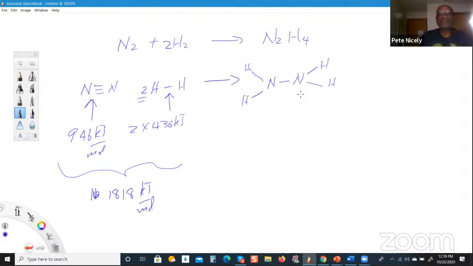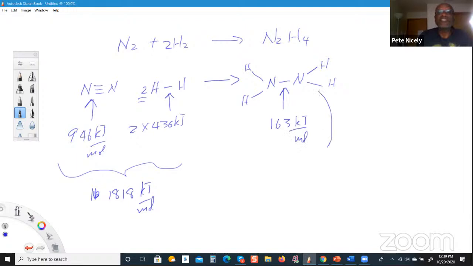Now on the right side, we have just one molecule, but there are several bonds, right? So for the single nitrogen to nitrogen bond, according to the information I have here in the table, the bond dissociation energy for that bond is 163 kilojoules per mole, all right?